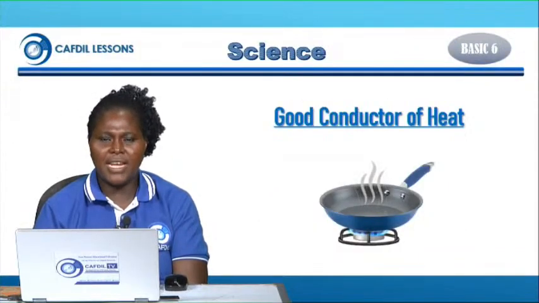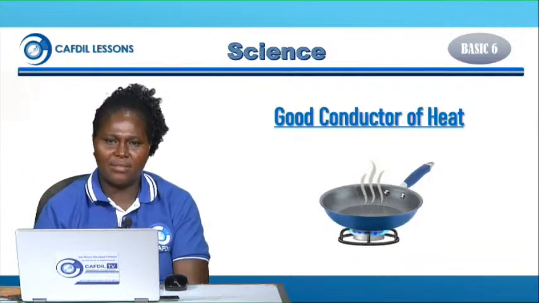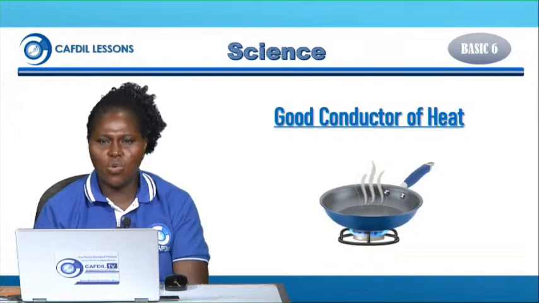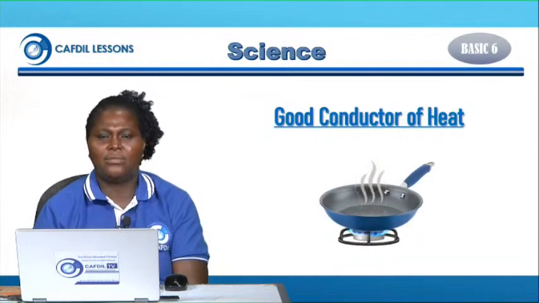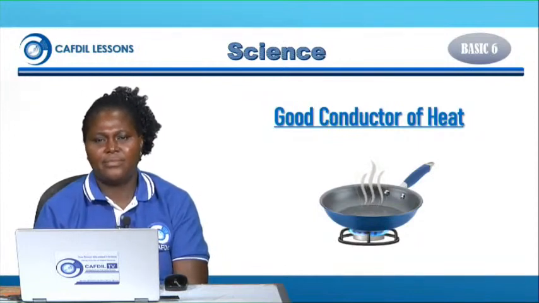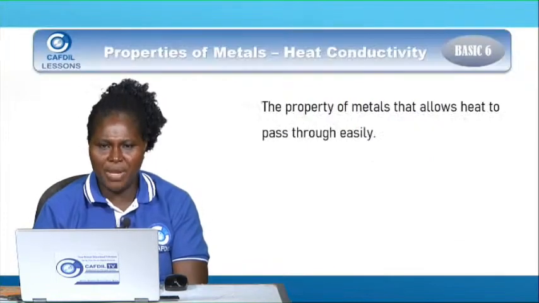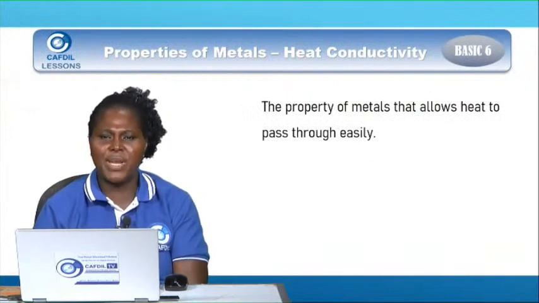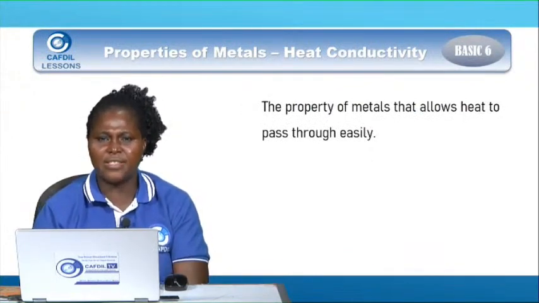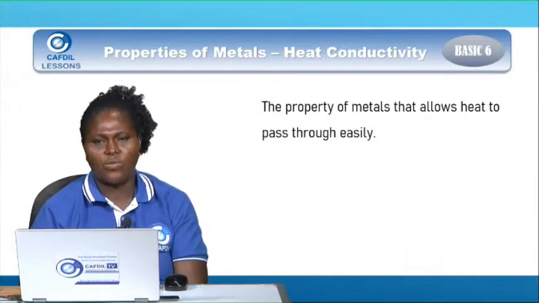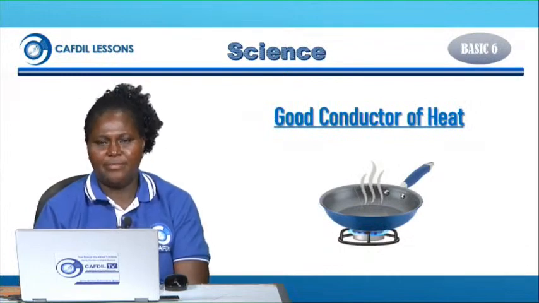Good. Another property of metals is that they are good conductors of heat. Now we have a frying pan on fire and we have water in it boiling. What do we mean by good conductor of heat? It is the property of metals that allows heat to pass through easily, as we saw here.